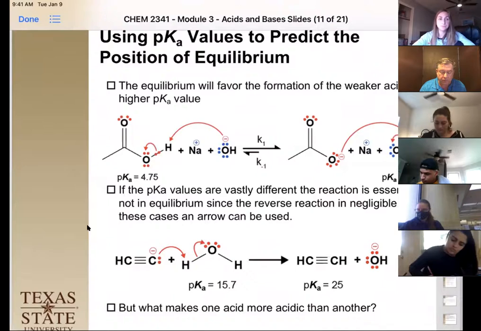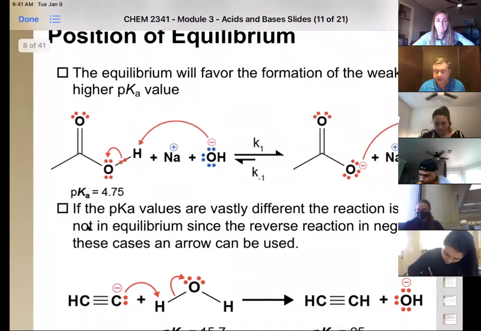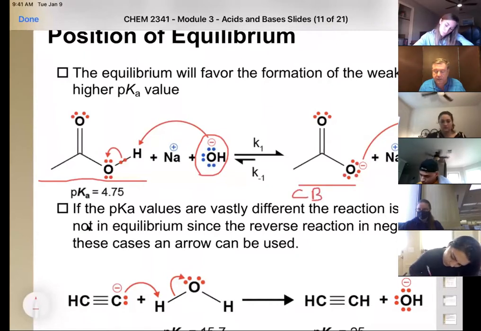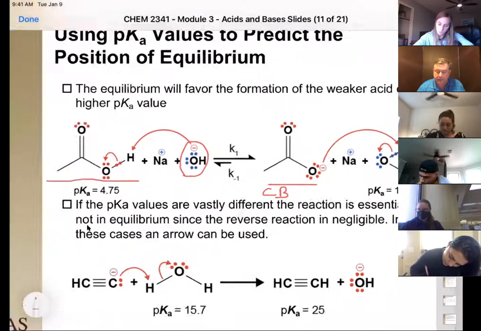Okay, so let's look at this reaction here. In this case here, we had acetic acid as our acid here. We have our hydroxide as our base, our Bronsted-Lowry base, or our Lewis base. It has electrons. And it's going to react to give us our conjugate base. This is our conjugate base, and our conjugate acid here. Okay.